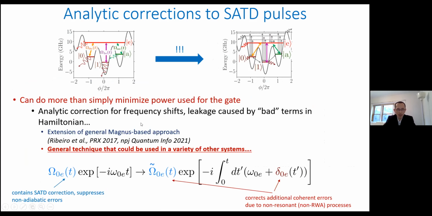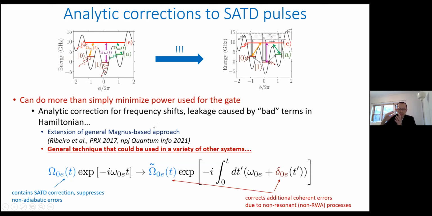Okay, so we have now a simple way to mitigate or minimize the current errors, but actually we can do more. We can also correct for the current errors using perturbative corrections. For example, we can use the Magnus-based approach. And one can think about this Magnus-based approach as the standard drag approach that people use normally to cancel for current errors due to leakage levels or other non-RWA processes.